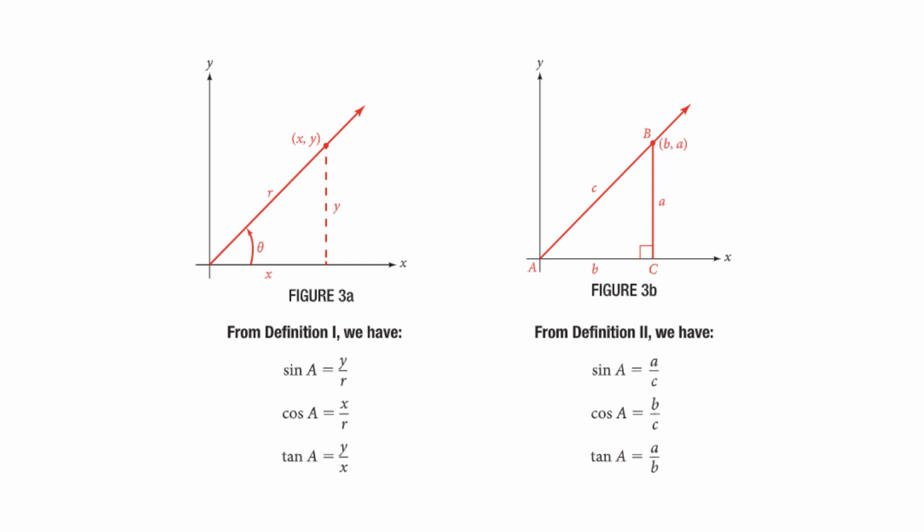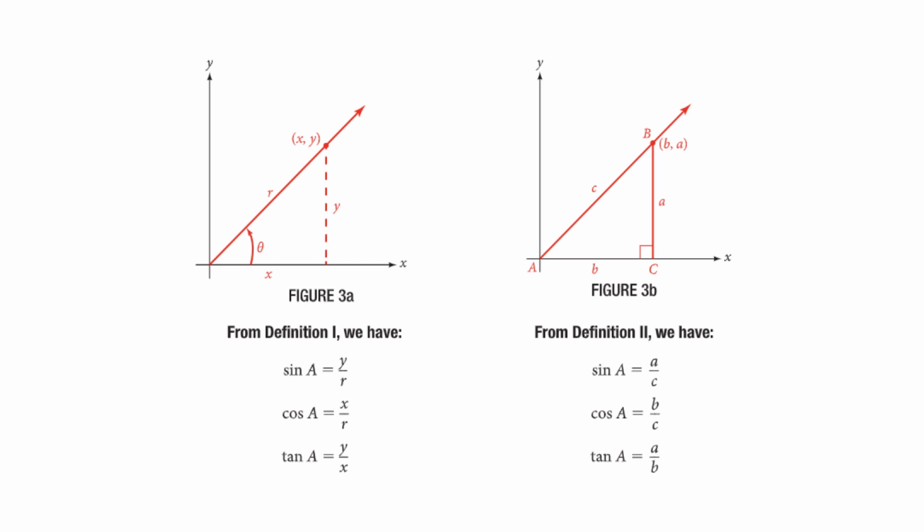Now, both definitions work fine if angle A is acute, meaning between 0 and 90 degrees. But here's the catch. Definition 2 only applies to acute angles because it's based on a right triangle, and right triangles can only have acute angles.